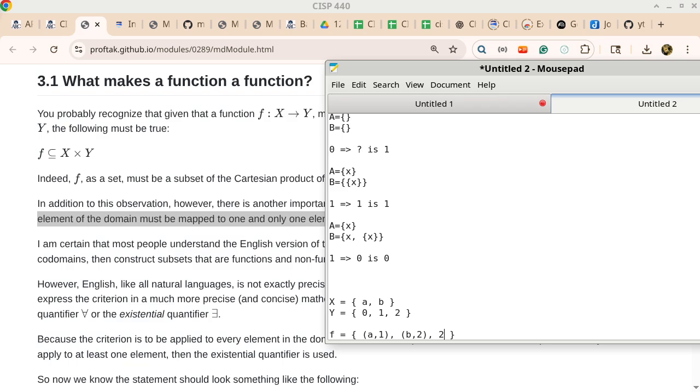Okay, so let's take one thing at a time. I want to clarify why this particular f cannot be a function. It is not a function because it is not a subset of the Cartesian product between set x and set y.